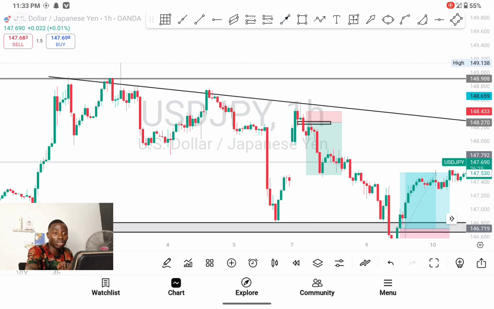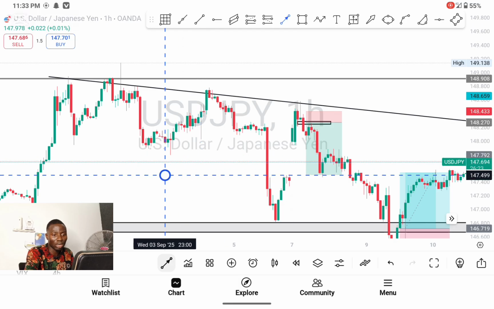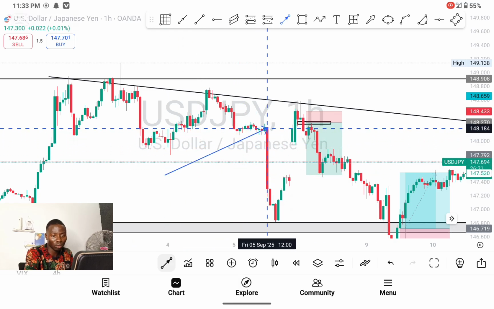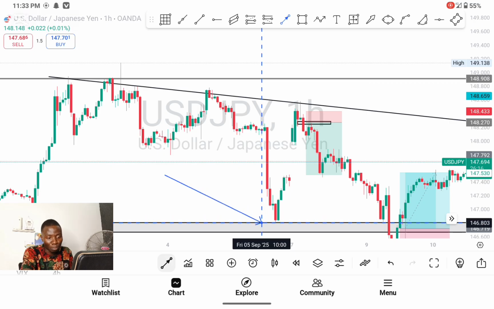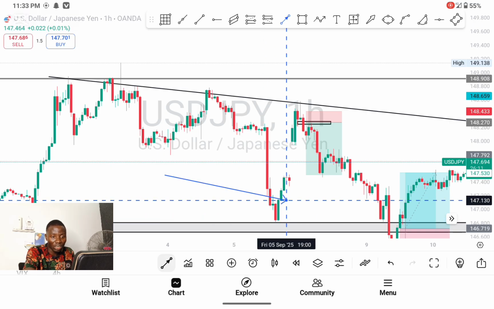So the news opened at this point. Look at where the news took it from and pushed the market down to this support level, and I entered from this area.